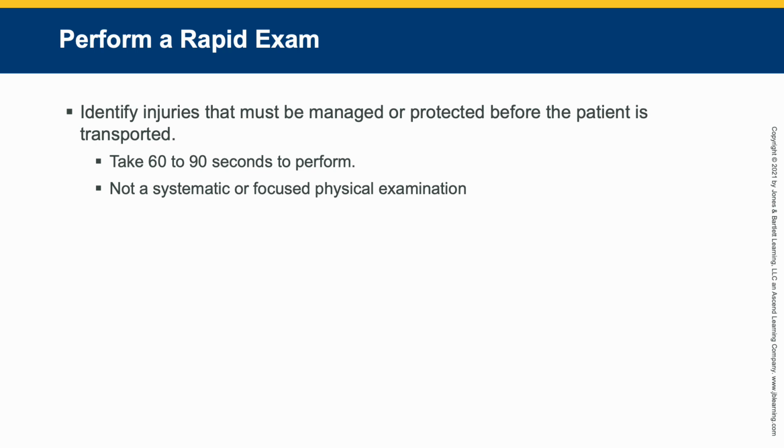So we're going to go into much more detail, but this scan is really meant to catch major problems because this is just a quick overview, and guide the decision about treatment and transport. So you're not getting bogged down in detail. You're just going to move with expedited purpose.